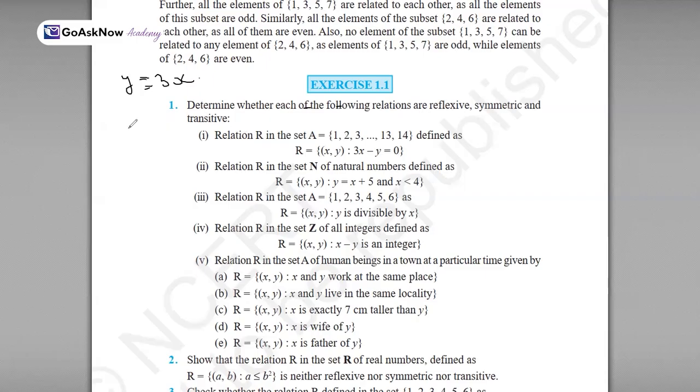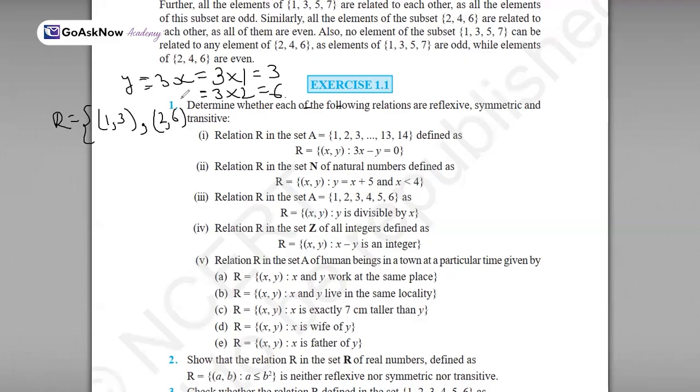If I have the first element 1, the relation will contain the ordered pair 1 comma 3, because y is 3x. When I put the x value 1, y comes as 3. Similarly, the second ordered pair will be 2 comma 6, because when I put x equal to 2, y comes as 6.